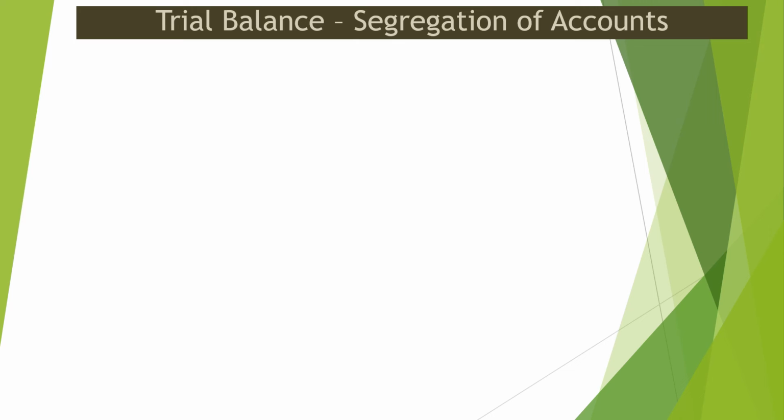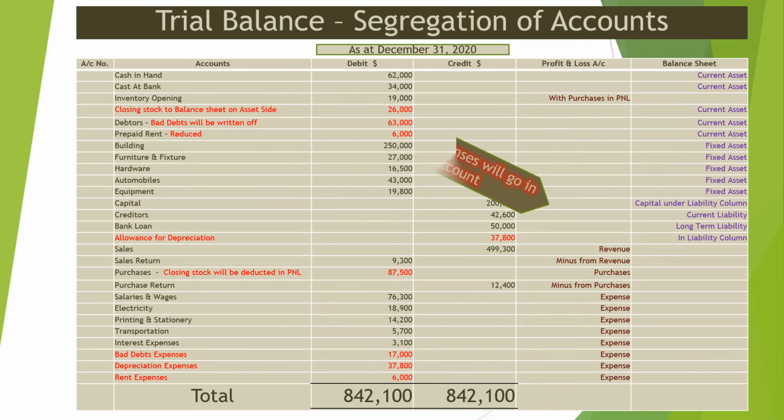Segregation of accounts. Now this is the time to segregate the accounts for the profit and loss account and balance sheet. Now here we can see the accounts have been segregated.